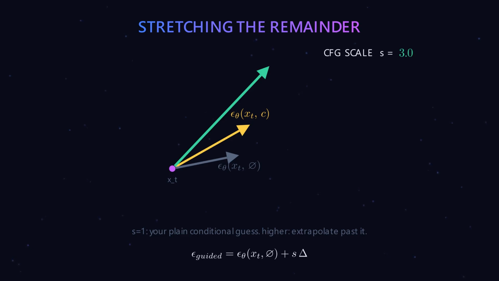If s is 7, or 12, or 20, the values real tools like Midjourney or Stable Diffusion expose as the CFG scale slider, you are extrapolating way past what the network actually predicted, aggressively overshooting in the prompt's favor. The slider every AI artist has dragged 1,000 times is nothing but this one scalar, s, multiplying one subtracted vector.